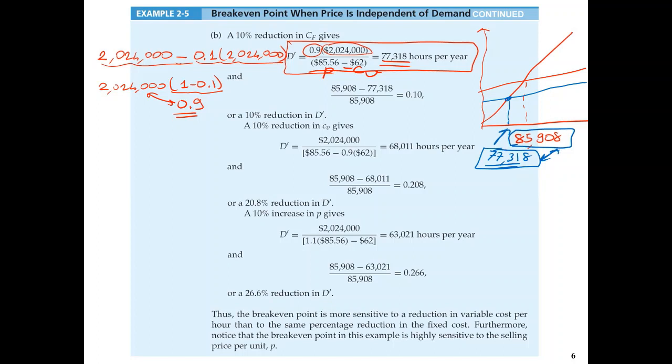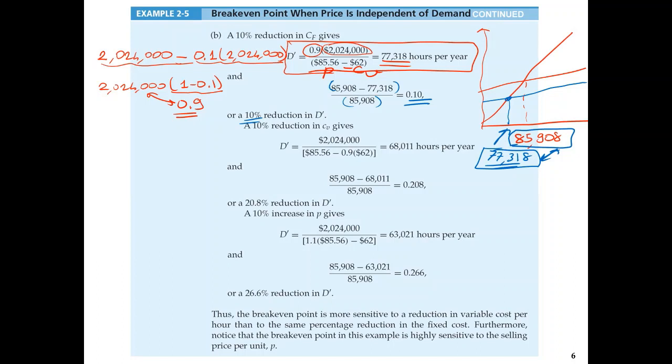In order to calculate it, we first calculate the difference and make the ratio of this difference to the original value. And we see that the result is 0.1, which means a 10% reduction. So what happened? When we reduced our fixed cost by 10%, the break-even point reduced by 10%. 10% reduction in fixed cost resulted in 10% reduction in break-even point.